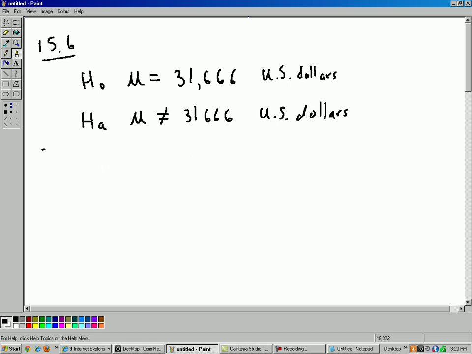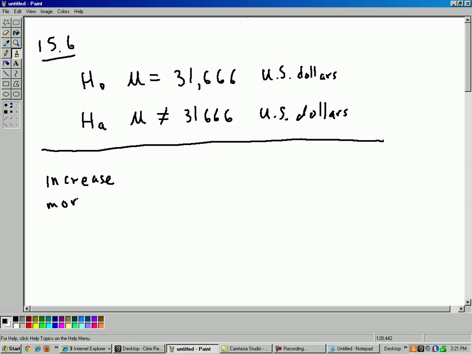Now let me talk a little bit more about some keywords here on how to write that alternate. The null is easy. It's just mu is equal to whatever the number is that you're comparing it to. It's the alternate that's sometimes a little bit tricky. So anytime the question is asking if there's some sort of increase or somehow something is more or greater, if you see those sort of words in your question, then your alternate is going to be mu is greater than something.